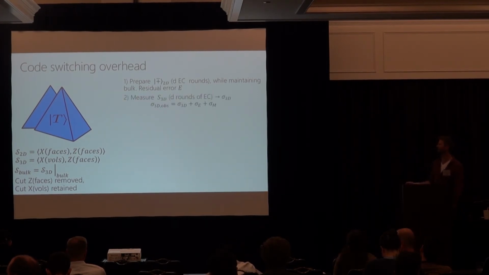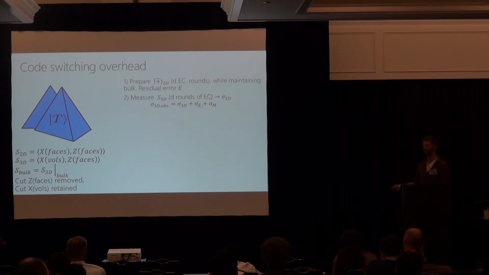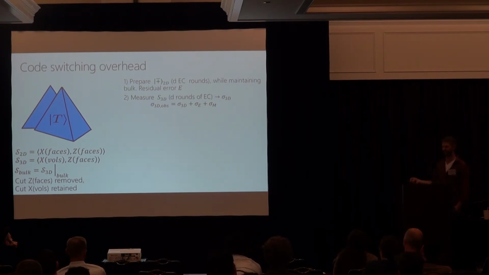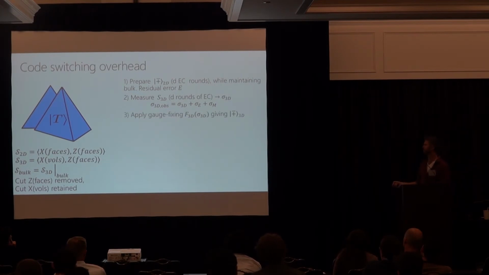Then whenever you want to measure in order to code switch, you should again measure the new stabilizers for d rounds, because the first time you measure, there might be errors in the measurements themselves, and that could really destroy the whole thing, because if you get the wrong measurement outcome, you'll apply the wrong gauge fix, and you can introduce a logical error.